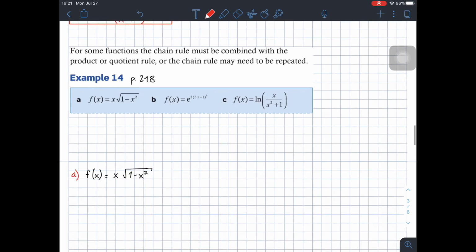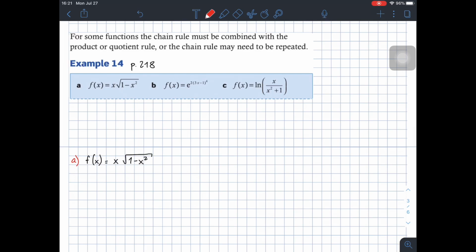Okay, so let's see. For part A, for example, we have f of x is equal to x times the square root of 1 minus x squared. The problem here is that if we were to have only this function, this would have to be solved by applying chain rule, right?